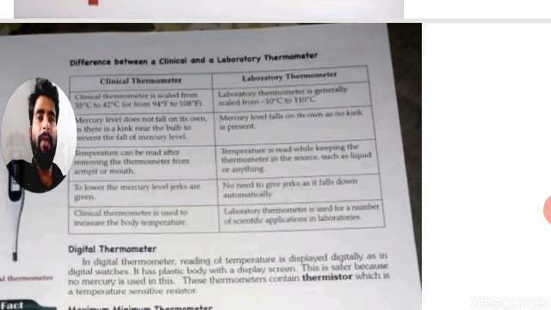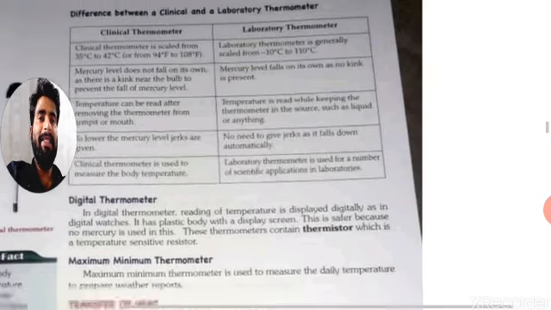To lower the mercury level, jerks are given in the clinical thermometer, but we don't use jerks in the laboratory thermometer. Clinical thermometer is used to measure the body temperature, but laboratory thermometer is used for a number of scientific applications in laboratory. Then we'll see the digital thermometer.